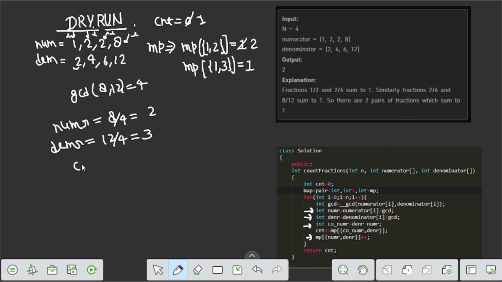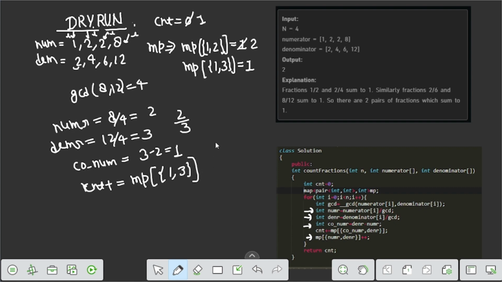So the co-numerator: here the fraction is 2 by 3, so the co-numerator is denominator minus numerator, 3 minus 2, which becomes 1. And we look in the map for a count increase. We check whether co-numerator 1 and denominator 3 is present. 1 comma 3 is present with count 1, so we increase the count. So now the count increases by 1 and becomes 2.